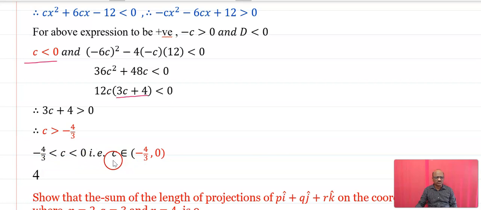That is, c belongs to minus 4 by 3 and 0, or c is negative. This is also the answer. In the textbook, c is negative is the answer, but I will modify it here. That is, c belongs to the interval minus 4 by 3 and 0, or c lies between minus 4 by 3 and 0.